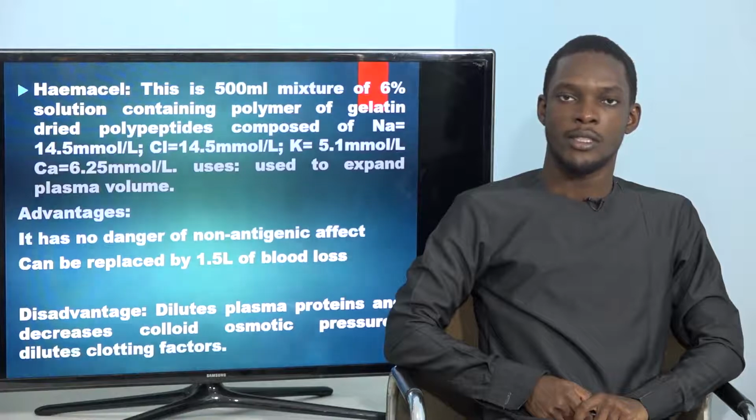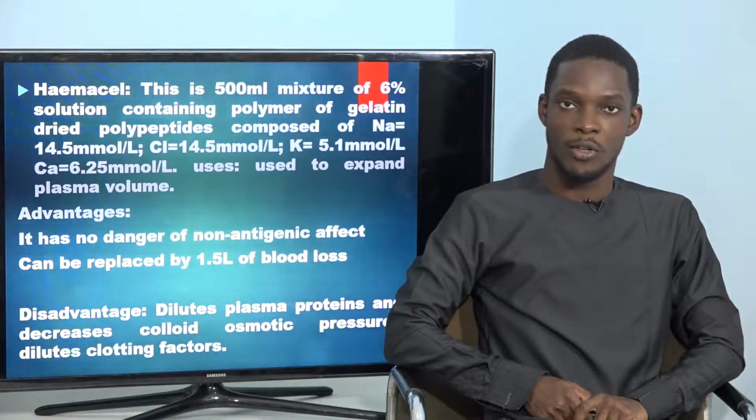Hemacell is also used to expand the plasma volume and may also cause rapid high heart rate due to the high amount of potassium within the solution.